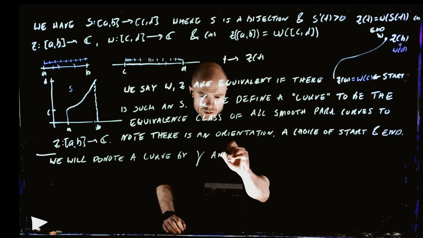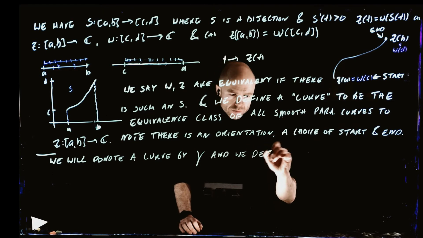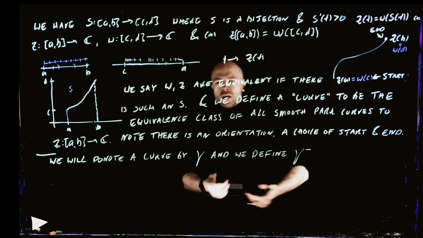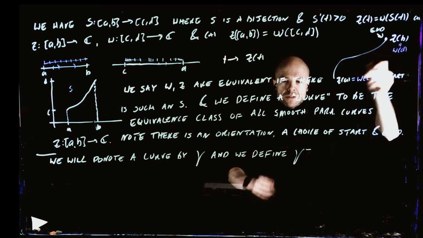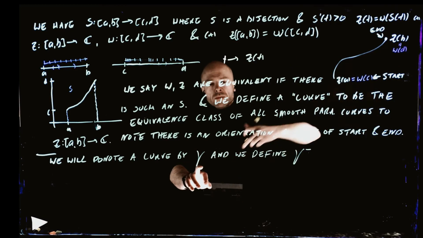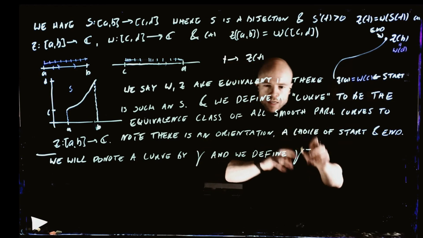And we define gamma minus. Informally, gamma minus is the curve which has its endpoints flipped. So the start point of gamma will become the endpoint of gamma minus, and the endpoint of gamma is the start point of gamma minus.